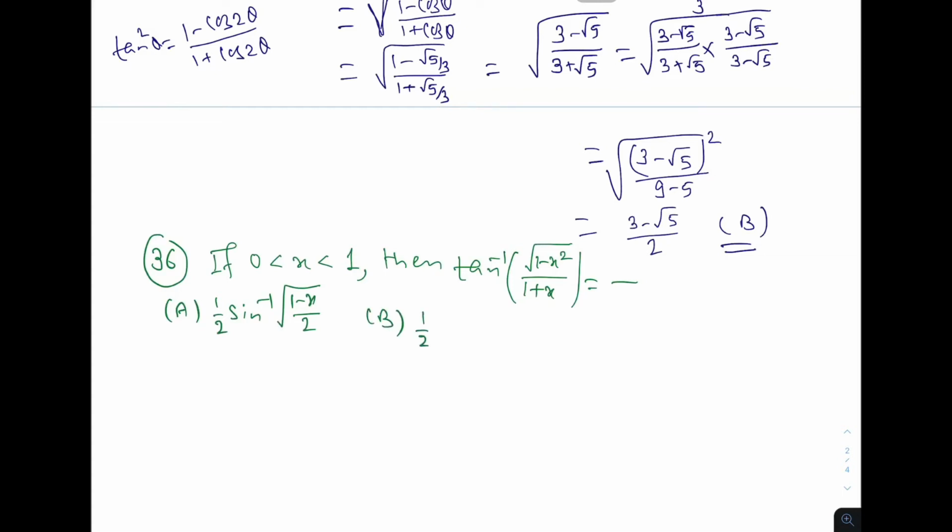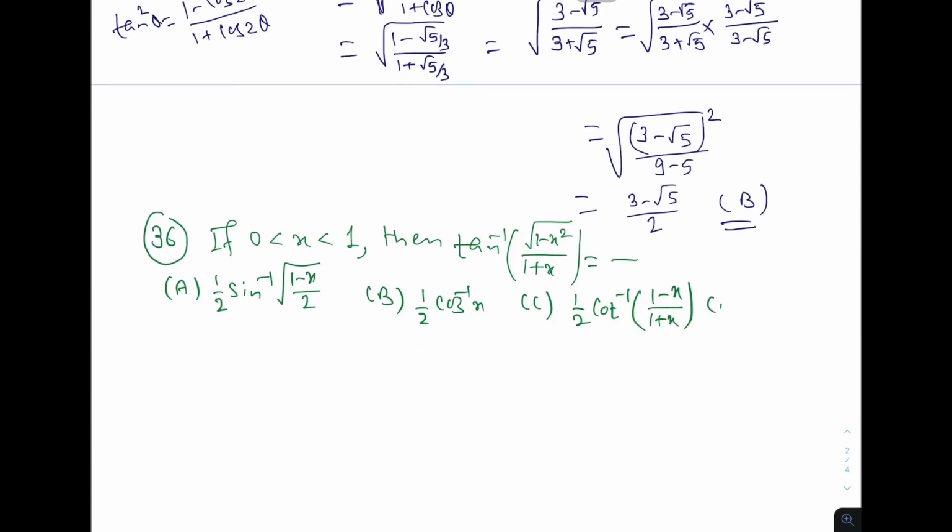Another option is 1 by 2 cos inverse x. Then 1 by 2 cot inverse 1 minus x upon 1 plus x, and D, 1 by 2 tan inverse x by 2.